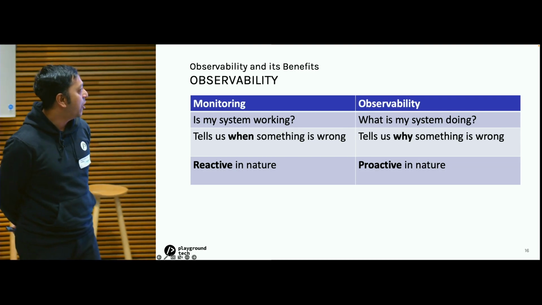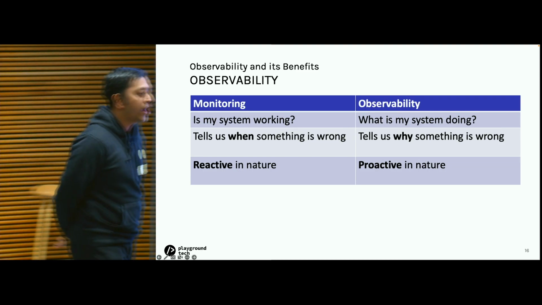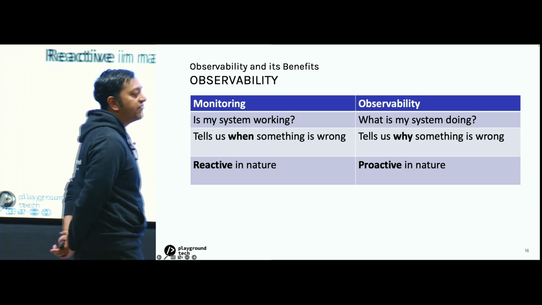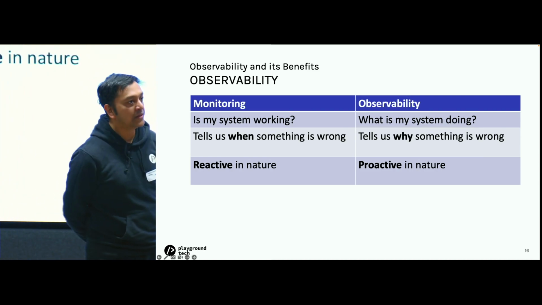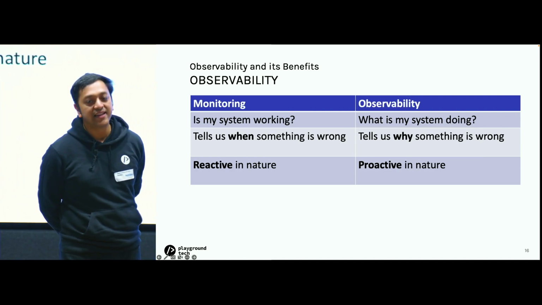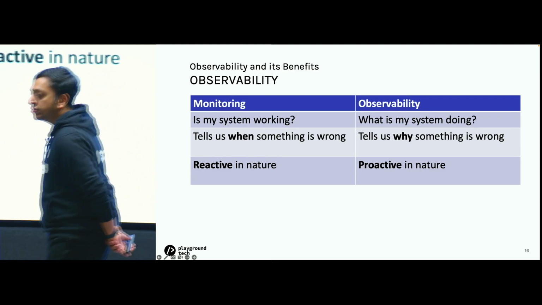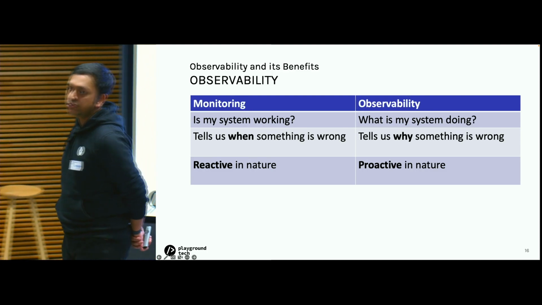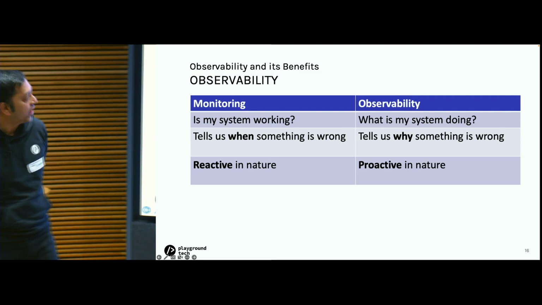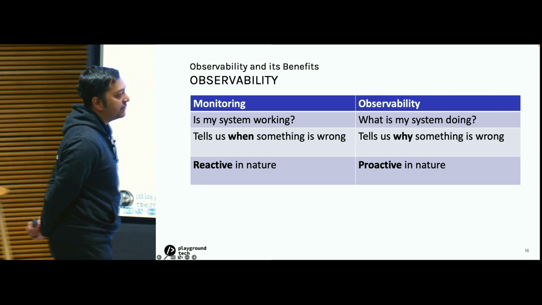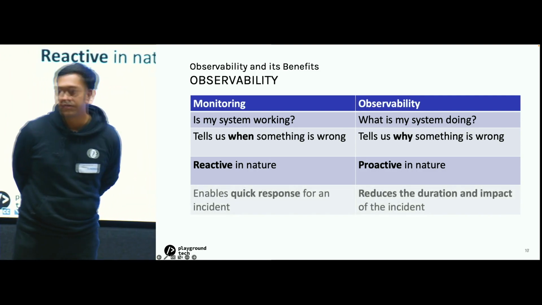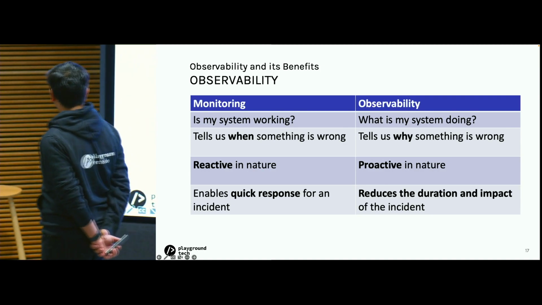Whereas observability is proactive in nature. Whenever something fails, you adopt self-healing capabilities. You ensure that you have full auditability of what sort of mistake happened and why, to ensure that it doesn't happen in the future.